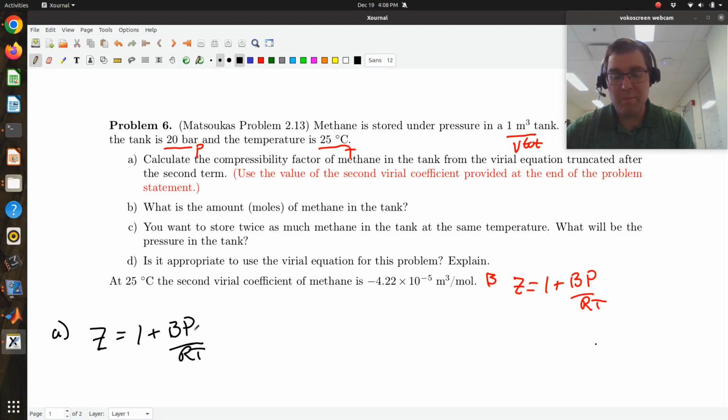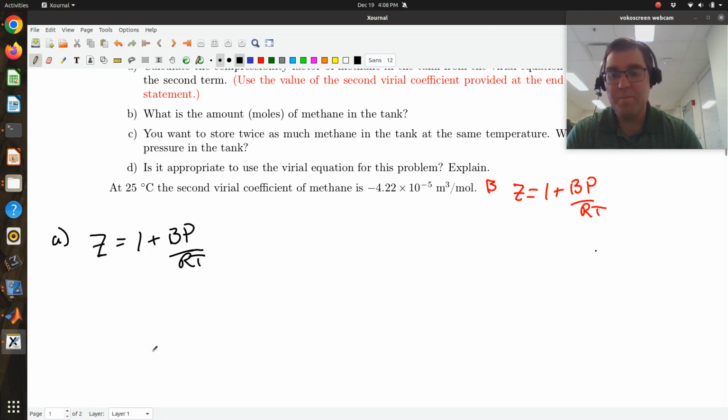Again, my second virial coefficient term just accounts for a first order correction from the ideal gas equation of state, where Z is equal to 1. And B has units of molar volume. My B term is negative, so my actual Z is going to be less than 1, accounting for deviations from ideality.